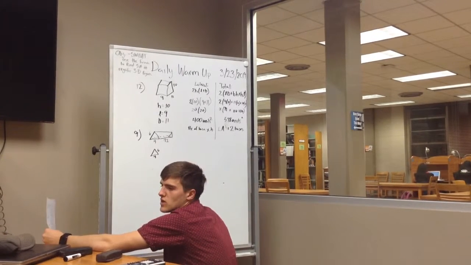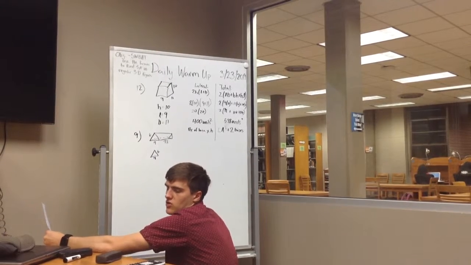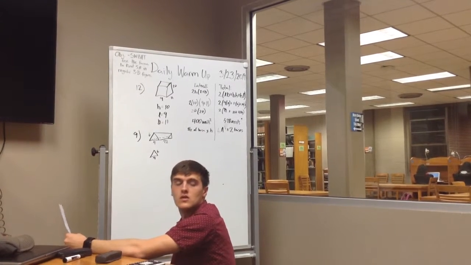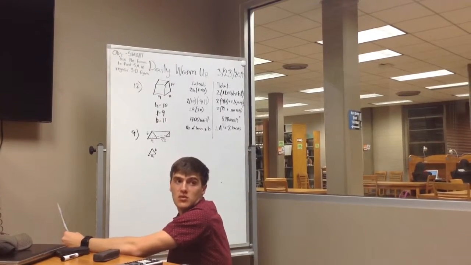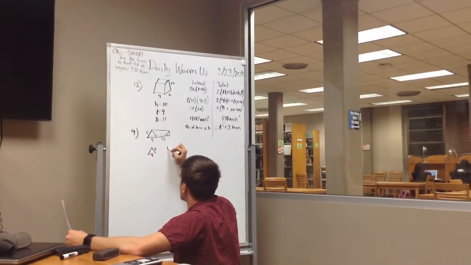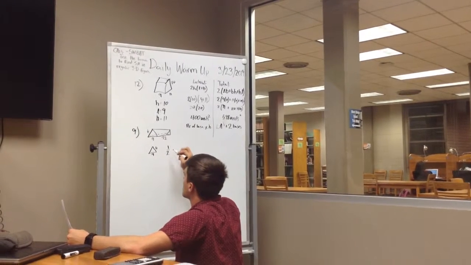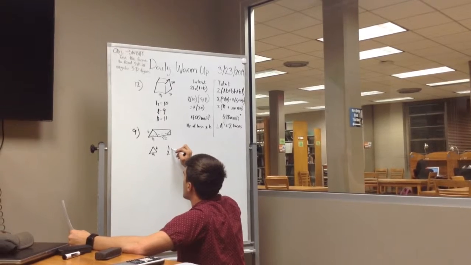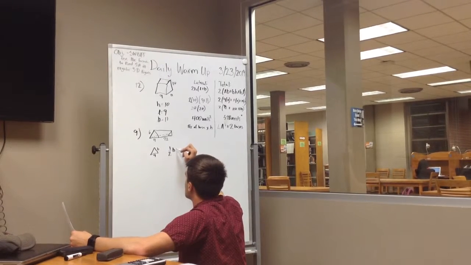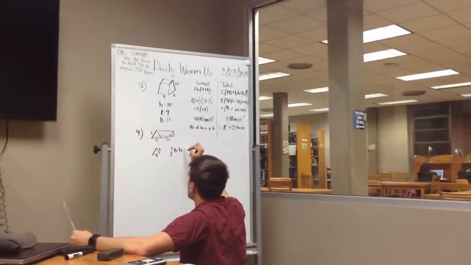Now, what do we know about triangles? How do we figure out the area of triangles? Deborah? Yes, perfect. The formula for the area of a triangle is 1/2 base times height, correct?